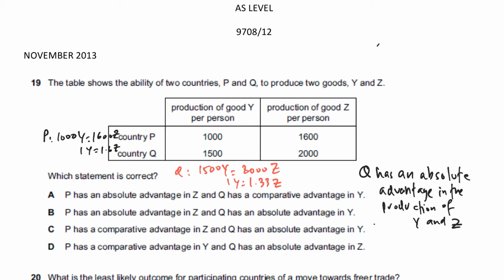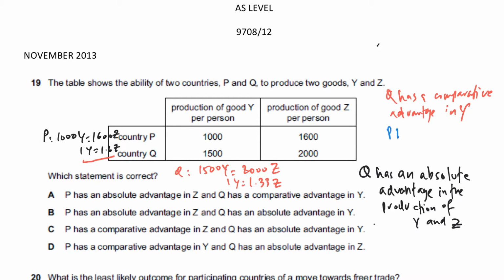So when country Q makes 1Y, they lose 1.33 Z, but when country P makes 1Y, they lose 1.6 Z. So clearly country Q loses less when they make Y. Therefore, Q has a comparative advantage in Y, which automatically means that the other country, country P, will have it in the other good.